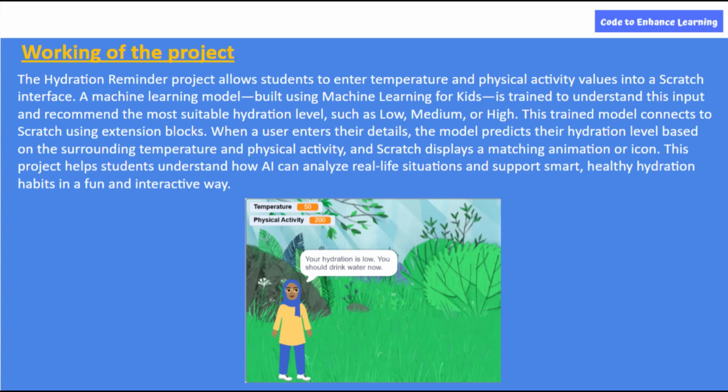When the user enters their details, the model quickly predicts the right hydration level, whether it's low, medium, or high. This trained model connects to Scratch through special extension blocks. Based on the model's prediction, Scratch then shows the result that reminds you whether it's time to drink water.